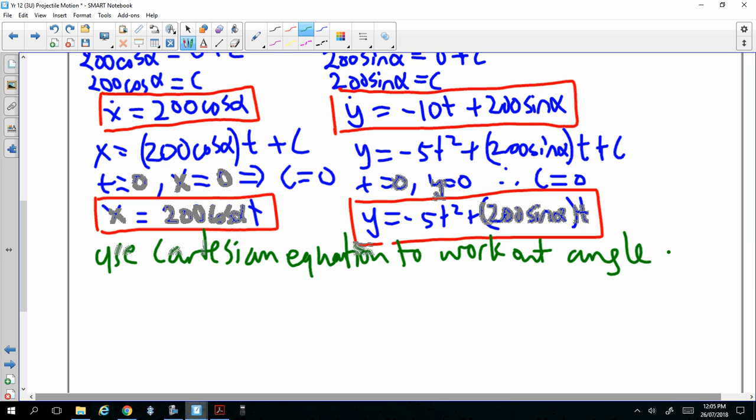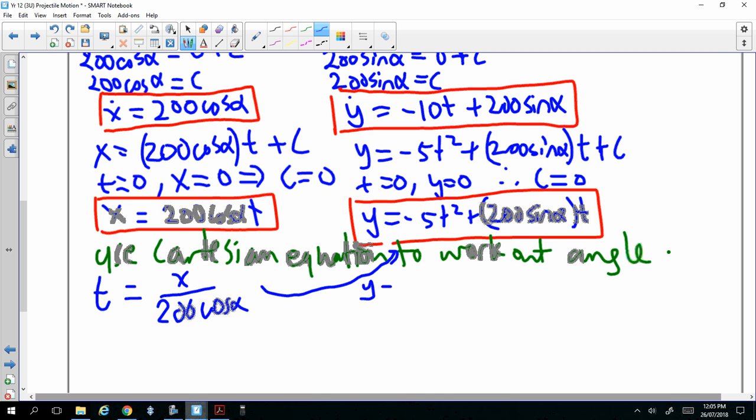So how do I get the Cartesian equation? You make t the subject, so t equals x over 200 cos alpha, and then you substitute that into y. So you get negative 5 times x over 200 cos alpha, squared, plus 200 sine alpha times x over 200 cos alpha.